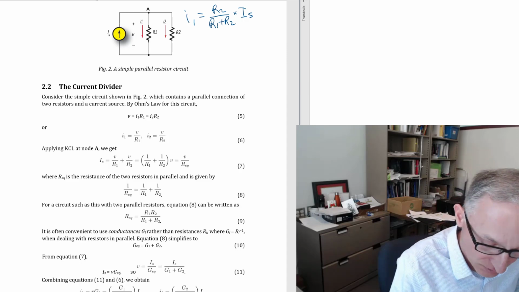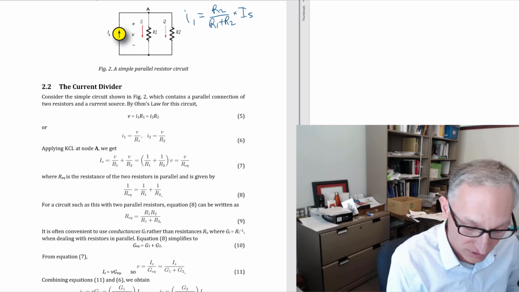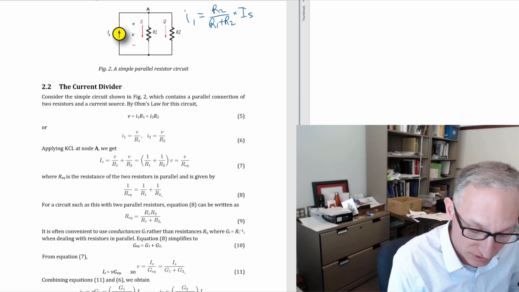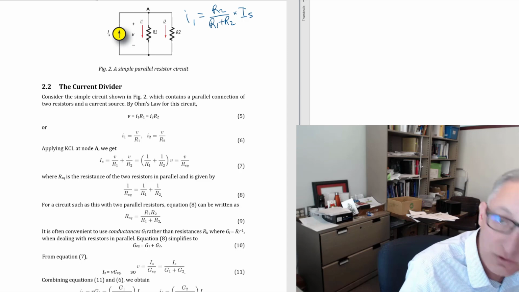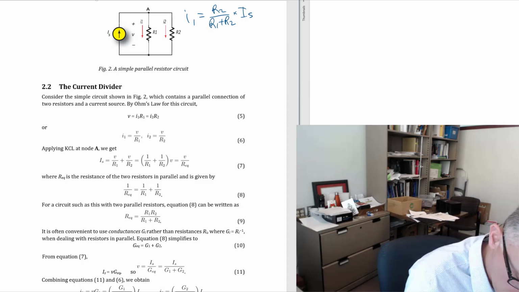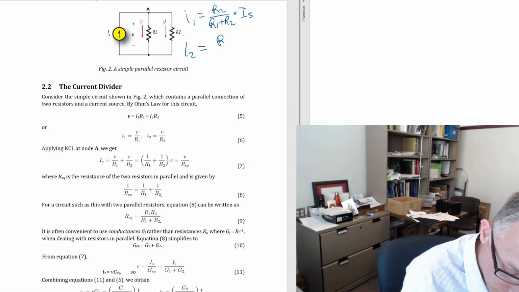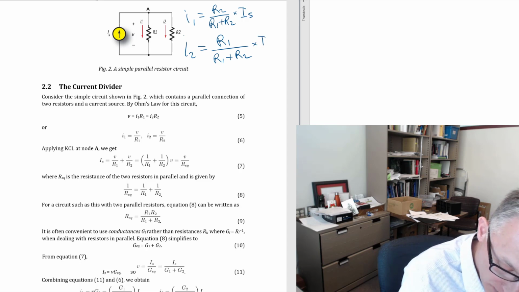Okay, see, the R2 resistor is associated with the I2 current, whereas we're solving for the I1 current and we use the R2 resistor. So don't get caught by that. Okay, so then for I2, we use the other resistor, so it's R1 over R1 plus R2 times Is.